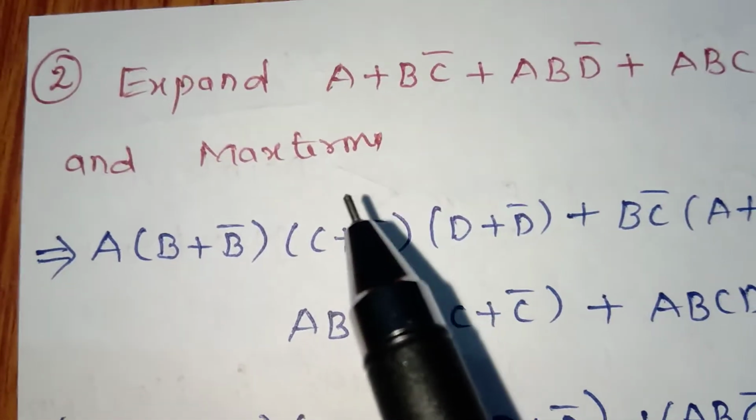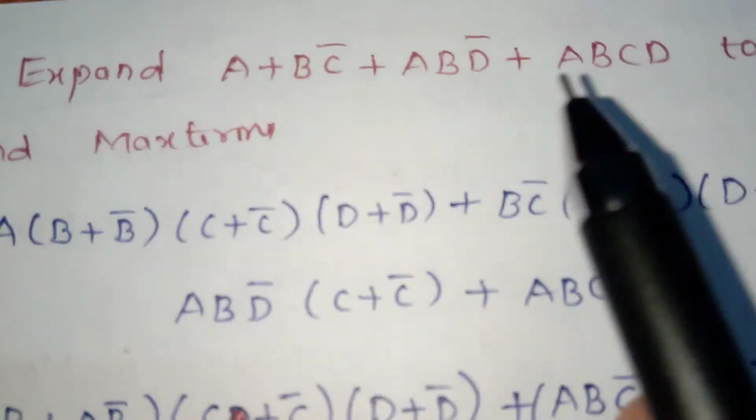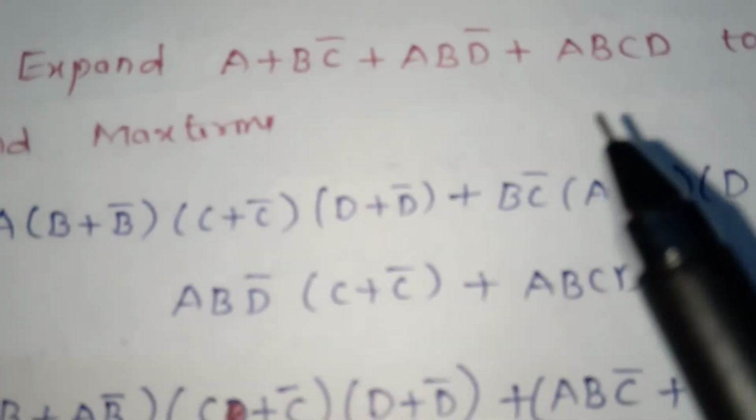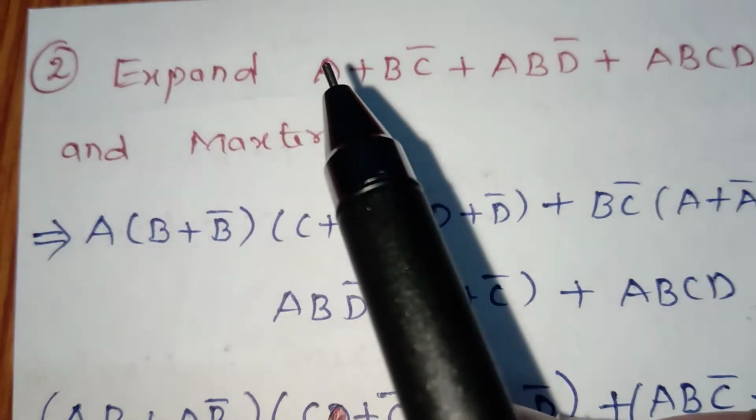Okay, now if you observe the given question, we are having 4 variables. Here B, C, D are the missing terms.